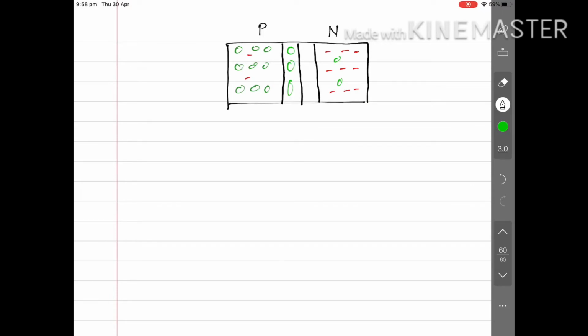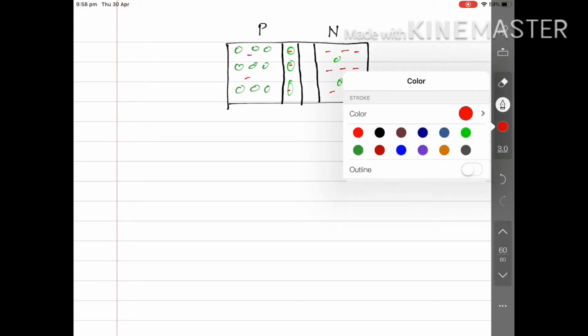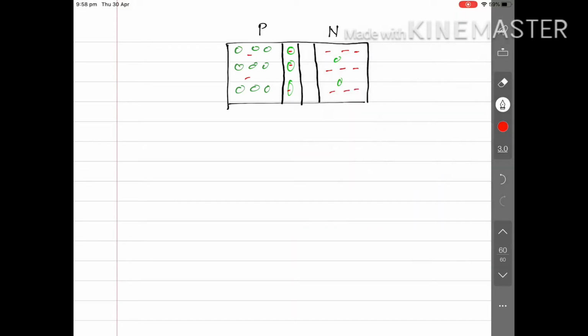As a result, it forms a negative immobile charge, and once an electron leaves the N region, it leaves a positive immobile charge near this junction. So this is the plus plus plus, the immobile charges which are present in the depletion region.